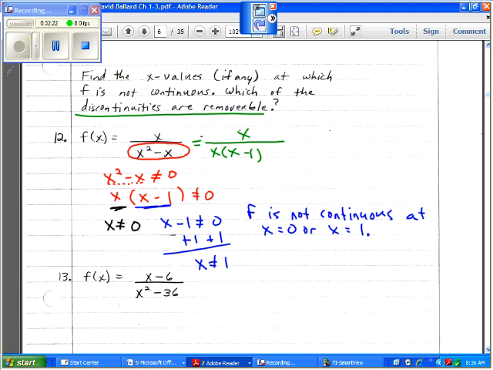By factoring, the x's drop out, and so I have 1 over x minus 1. So which of the two discontinuities did we remove? This one, which was x equals 0, and so x equals 0 is removable.